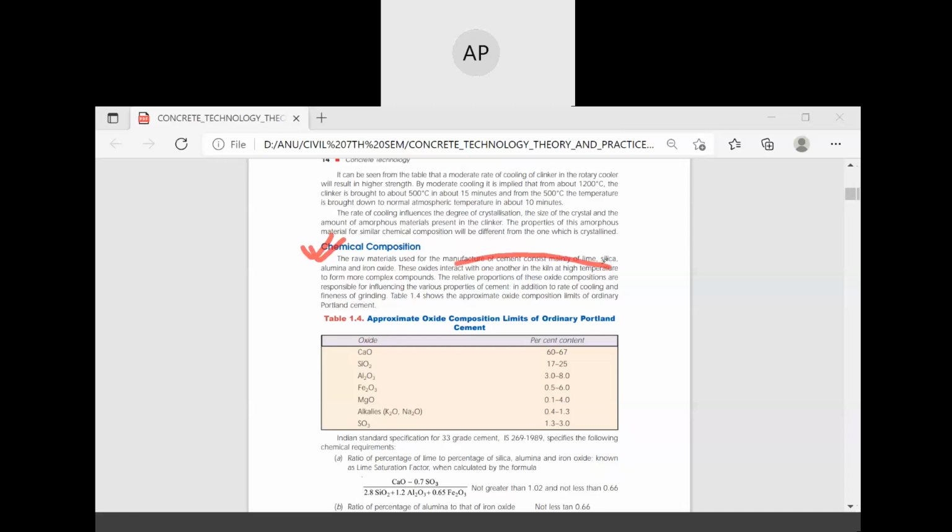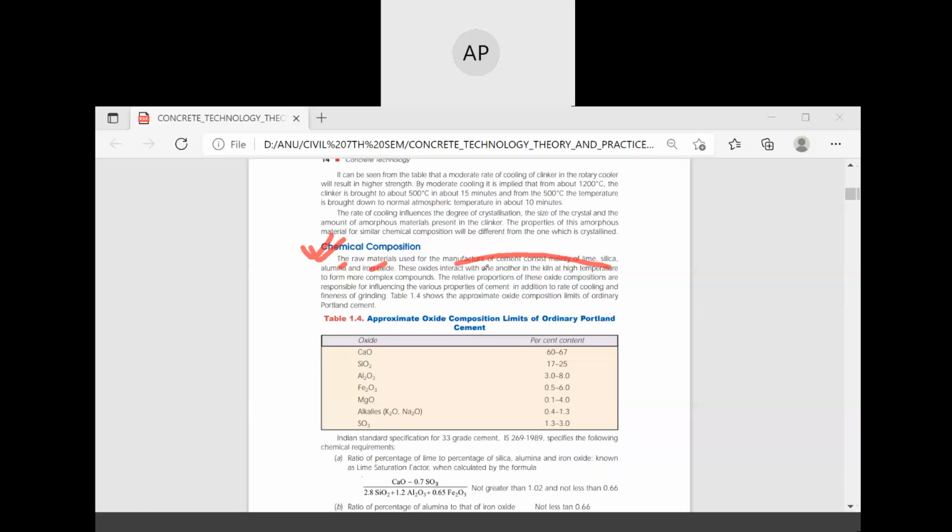So mainly it has lime, silica, alumina, and iron oxide. These oxides interact with one another in the kiln at high temperature to form more complex compounds. The relative proportion of these oxide compositions is responsible for influencing the various properties of cement, in addition to the rate of cooling and fineness of grinding.